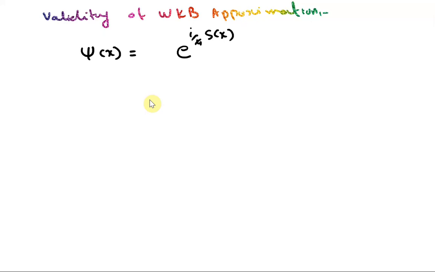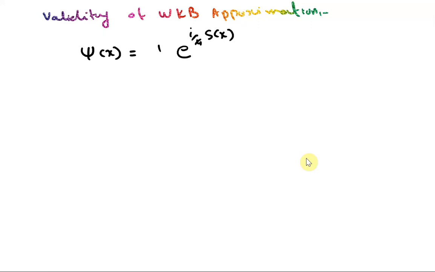For the moment I am taking this amplitude as 1, a unit amplitude, so I just have to follow what is happening with the functional variable. So I'm taking this function and putting it in my Schrodinger equation.